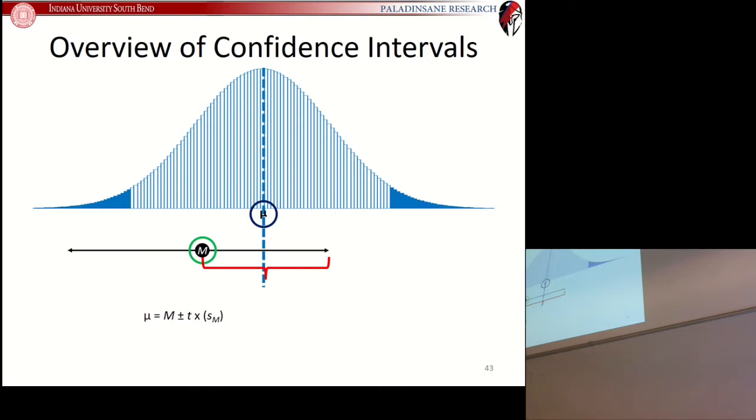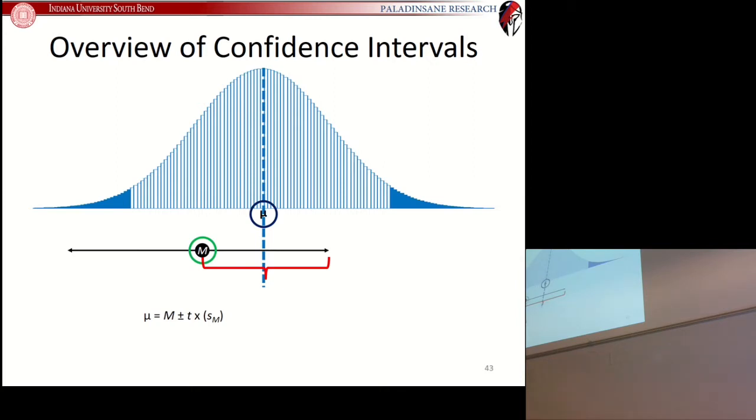So if you don't have to be as confident, then you could put more of your distribution in the tail, and in this case you only have 70% confidence, and you do that by changing the critical t.